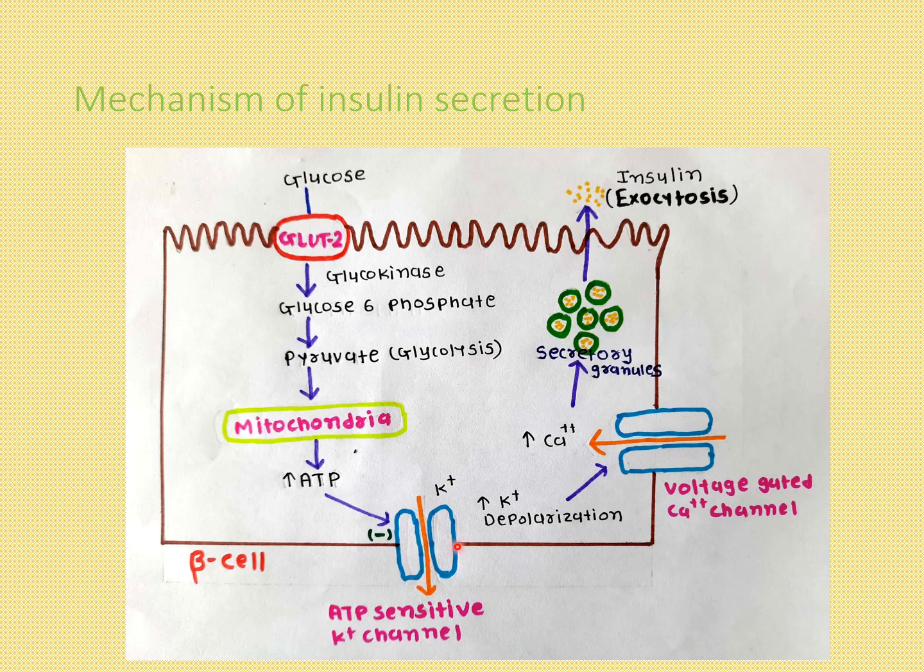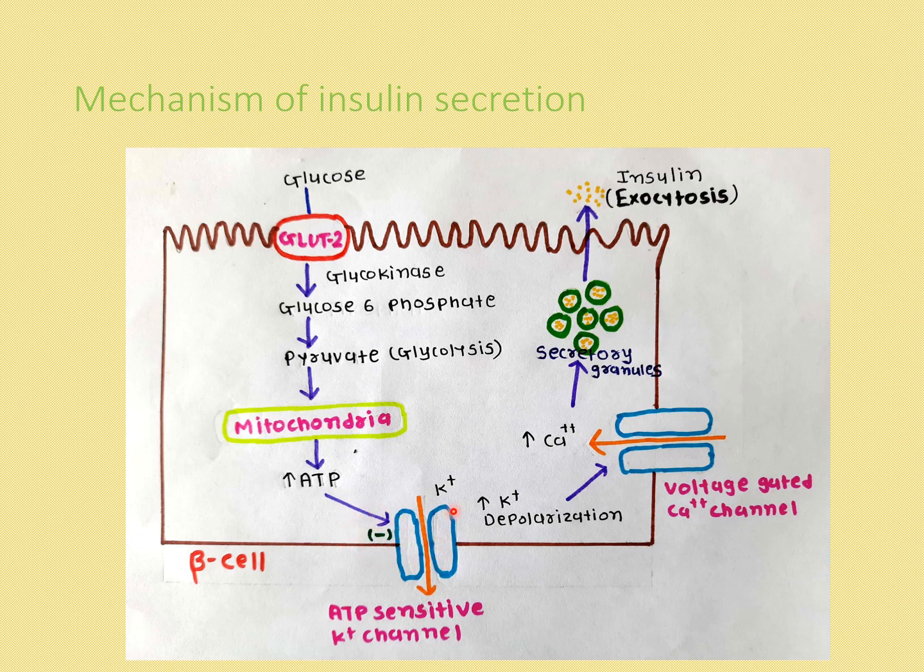So this is ATP sensitive potassium channel. Normally potassium moves outside the beta cell, but in the presence of ATP, increase in the ATP as a result of glycolysis, this ATP sensitive potassium channel gets inhibited.